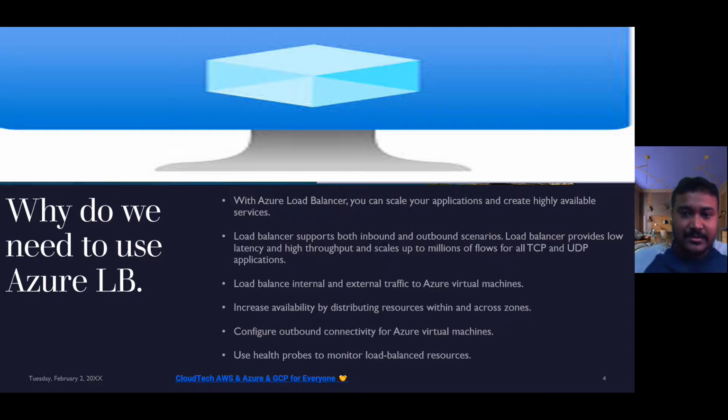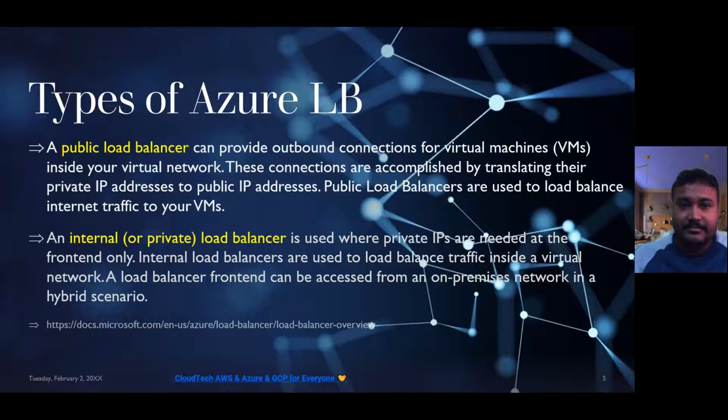Now how do you transfer the load? Suppose I am searching for mobile, you are searching for some other item. So all load should be distributed across your VMs, whatever virtual machines, whatever app you have. So that's the purpose. This is needed basically. This is one real-time example of what we use in our daily life.